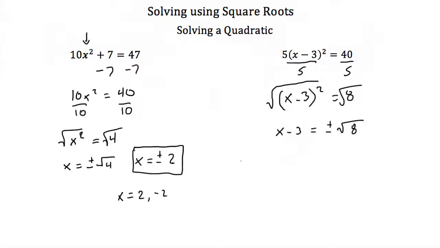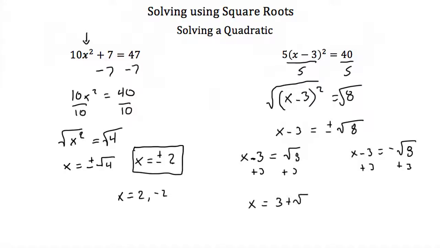So that means we have x minus 3 is equal to the square root of 8, and then we have x minus 3 is equal to the negative square root of 8. So we'll add 3 to both sides on both equations, and we get x is equal to 3 plus the square root of 8.